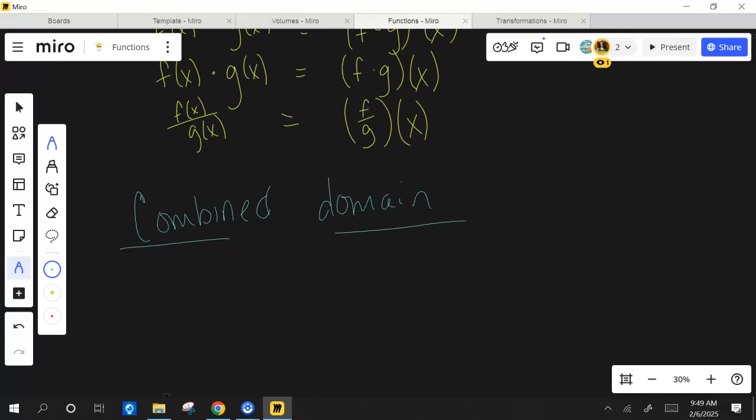I can't have zeros in the denominator. All those things that caused us problems before in our domain, they're still going to cause us problems when we combine it with something else, okay? So if it's left out of one domain, it's left out of the combined domain.